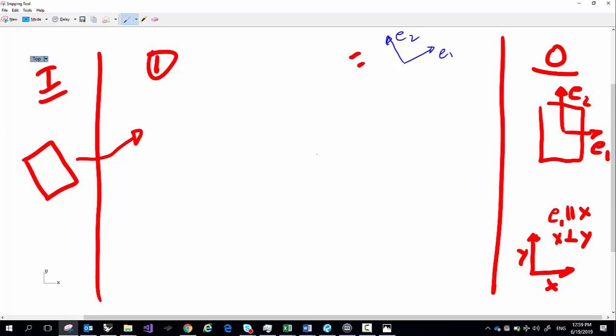Because unless we have E1 and E2, we don't just get to look at the thing, and we as engineers look at this thing and we go, well, of course, the major axis is perpendicular to the longest side, right? The computer doesn't know that. The computer literally, again, I'm drawing it as a rectangle.